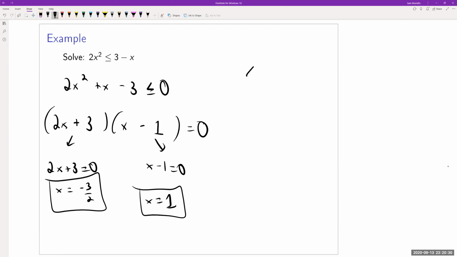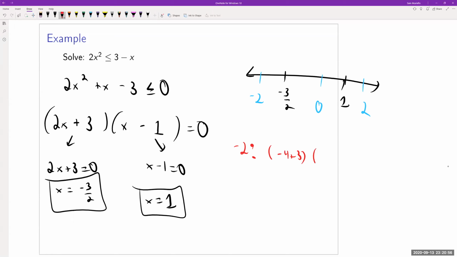Again, I'll put it on my number line. -3 halves and 1 come out, which means I'm going to pick test values, let's say -2, 0, and 2. Plugging in these values to my piece, I will obtain for -2, so that will be -4 plus 3 times -3, -1, -3, will end up being positive.